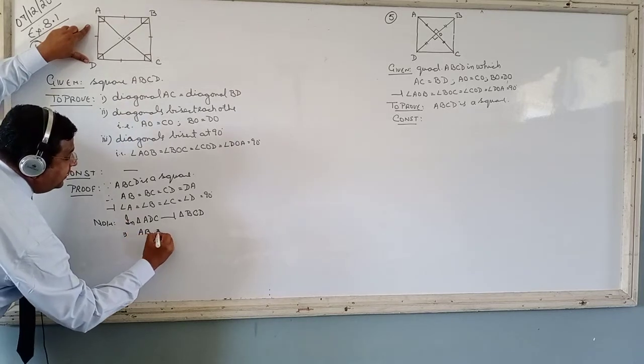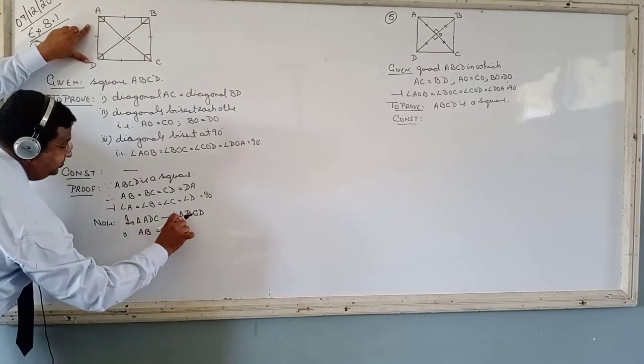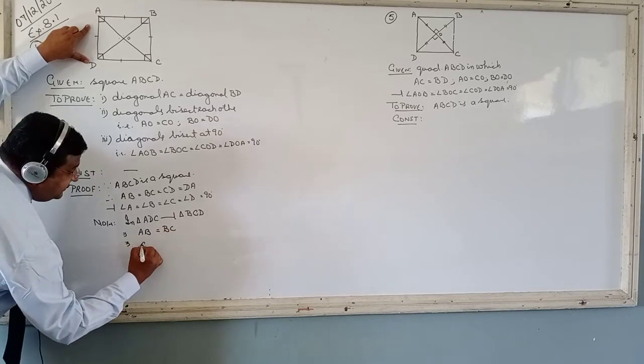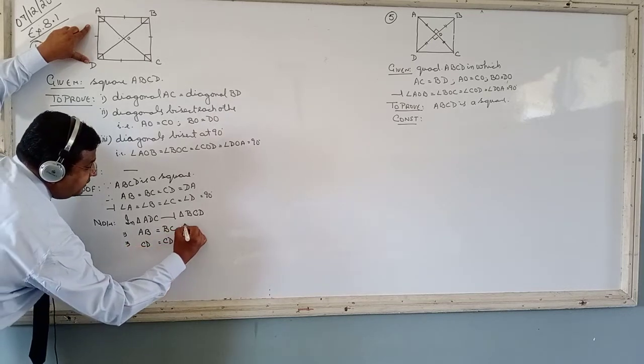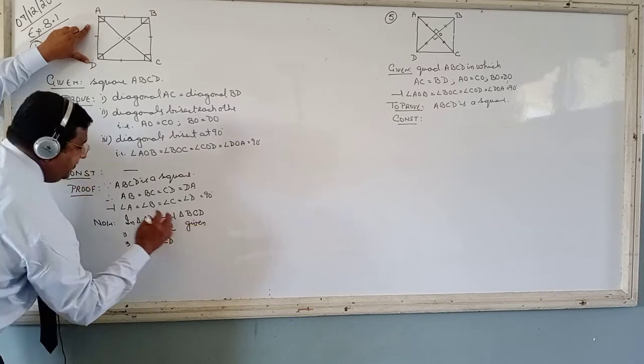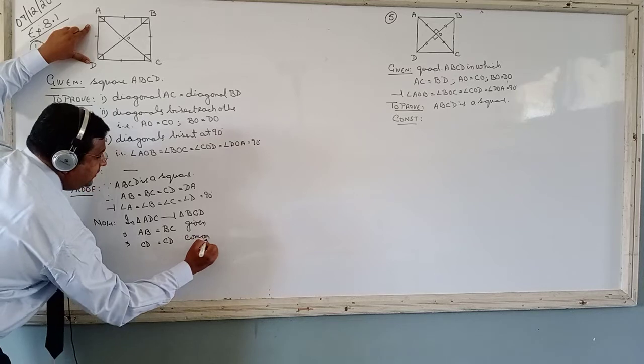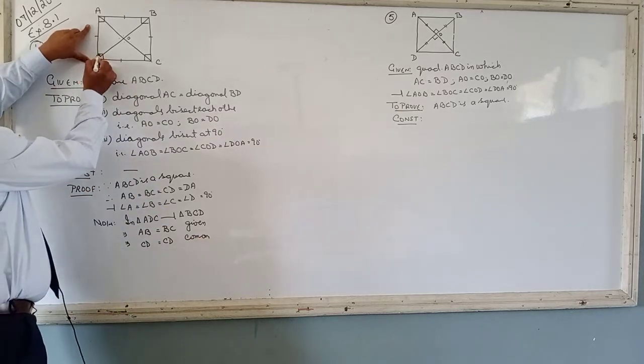AD equals BC, and CD equals CD. This is given to us, side of a square, and this is the common side.